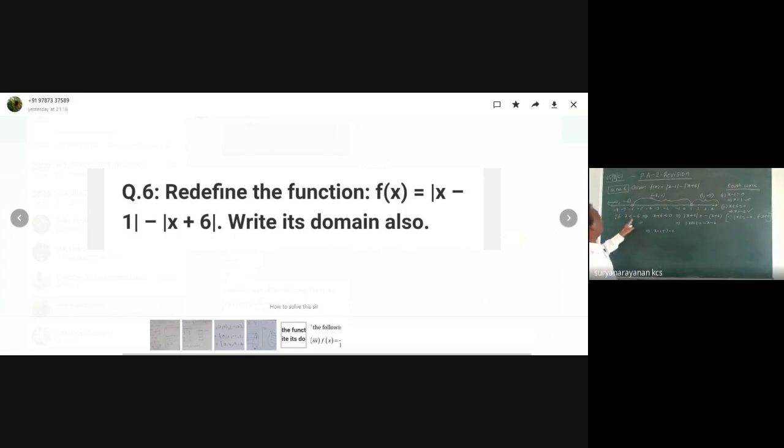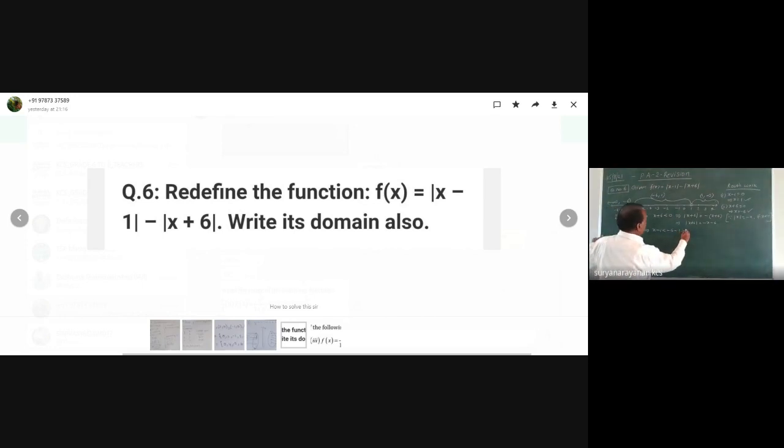If x is less than minus 6, then what is modulus of x minus 1? What is my value of mod x minus 1? So x is less than minus 6; I added minus 1 on both sides.